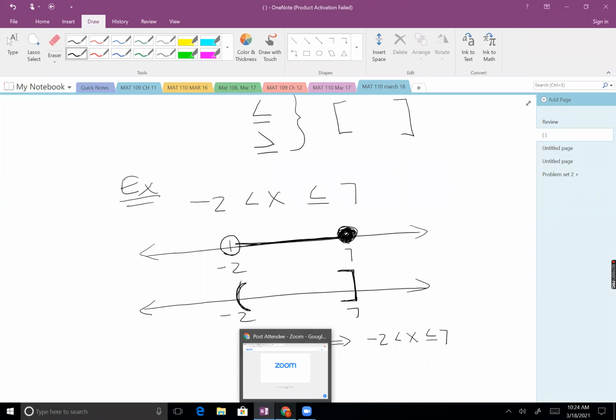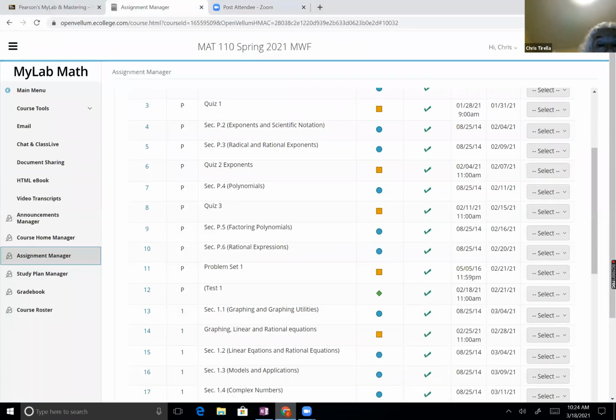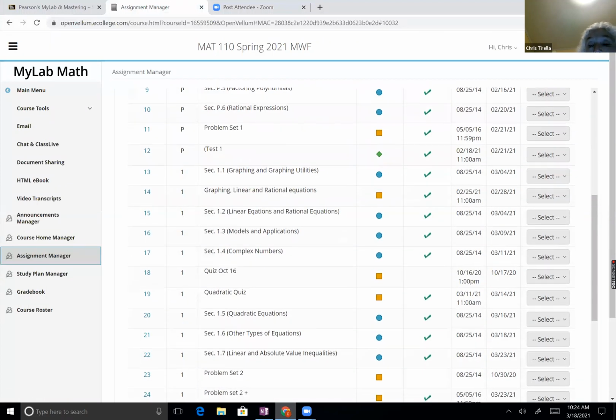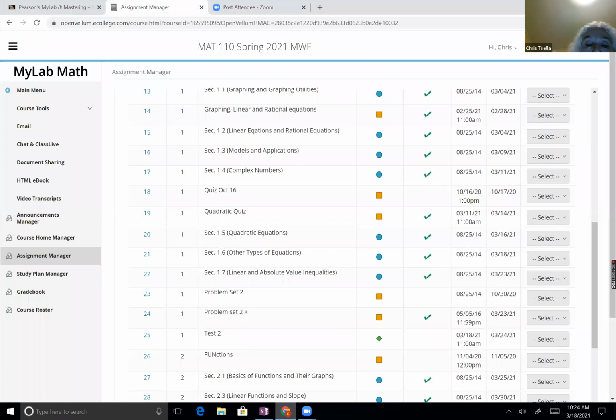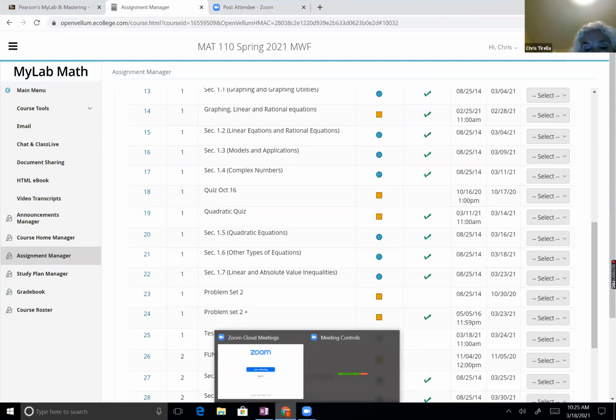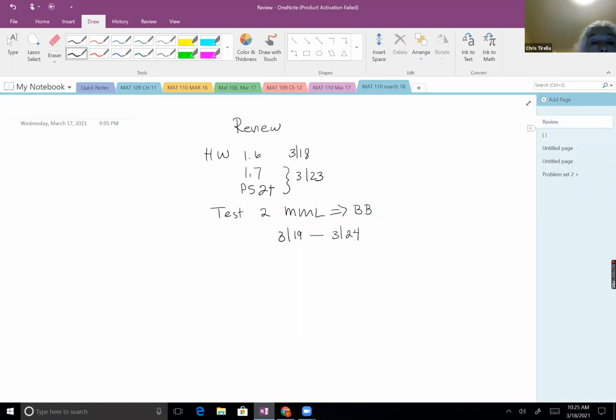Is there homework due today? There's a lot of homework that is due on Friday. If you look, today is the 18th. Oops, I take that back. I might have written that wrong at the beginning of the notes. Let me double check. Yeah, no, homework 1.6 is due today.